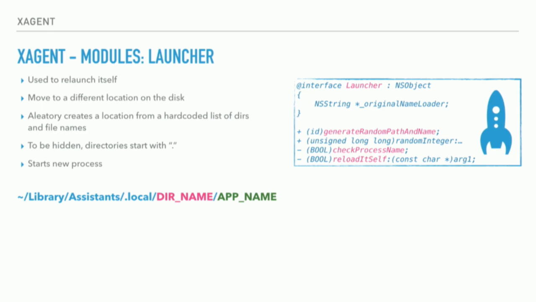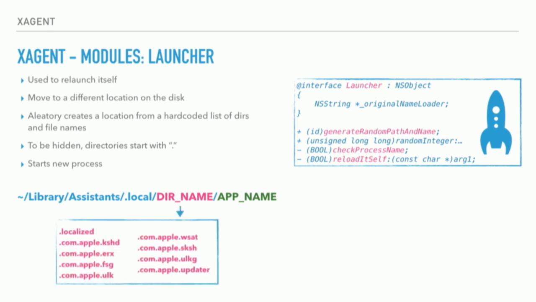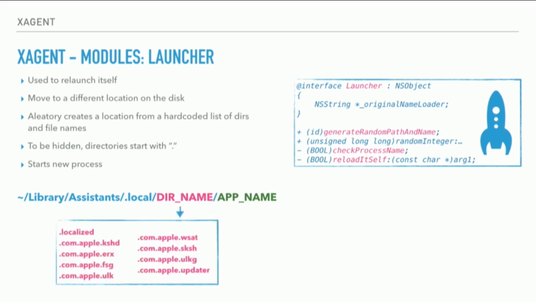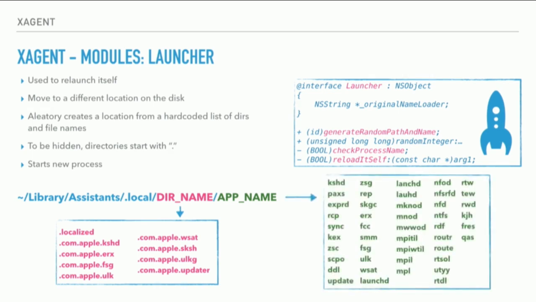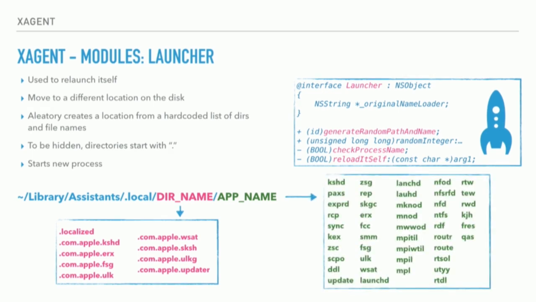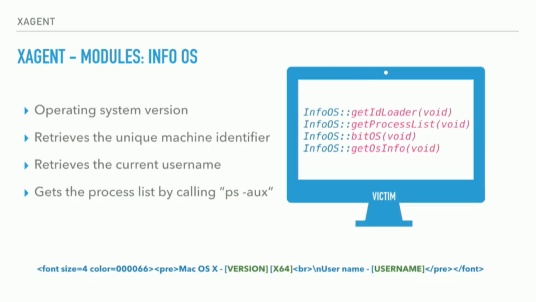First, it will move the sample to a different location on the disk, which is generated in the current user directory, and it will choose a random directory name from a list that impersonates Apple directory names, and it will start with a dot, so it will be hidden from Finder, the File Explorer on Mac. And then it will choose a new file name, and in the end, it will start a new process from the newly created path on the disk.